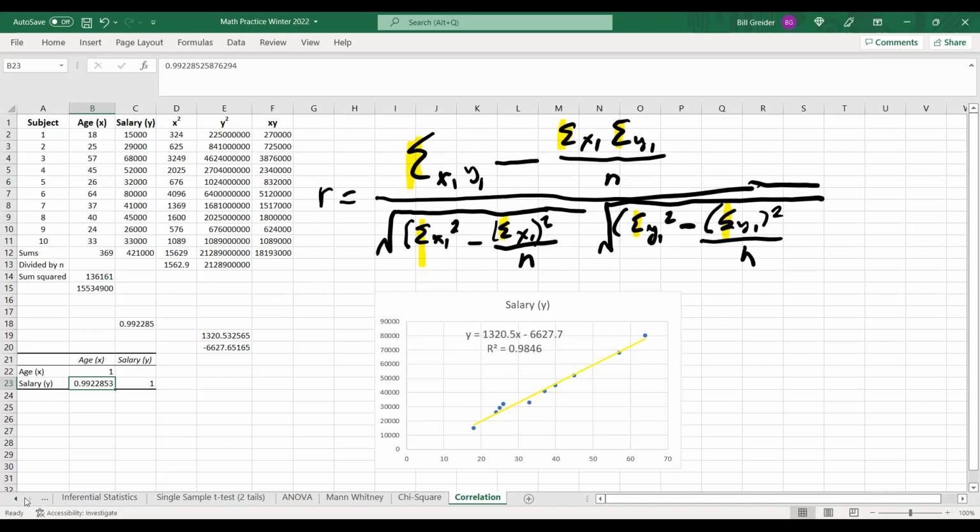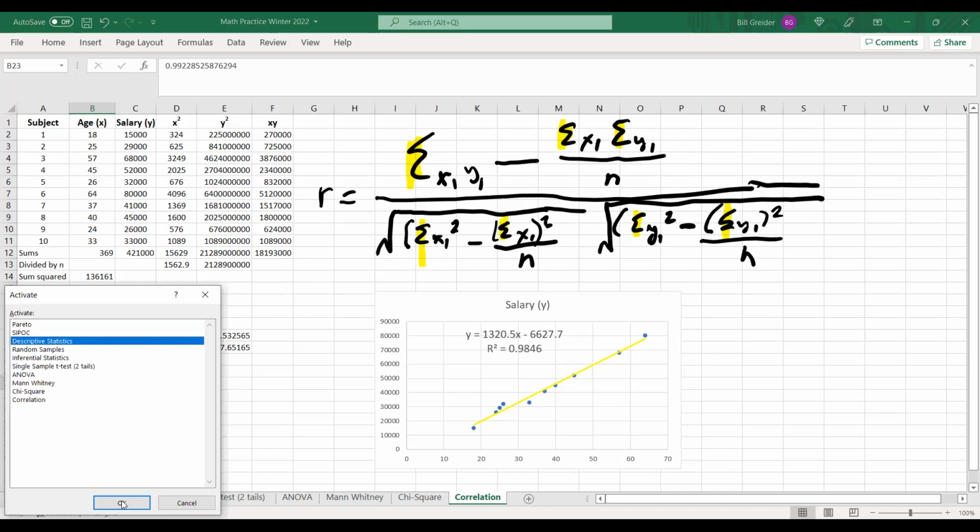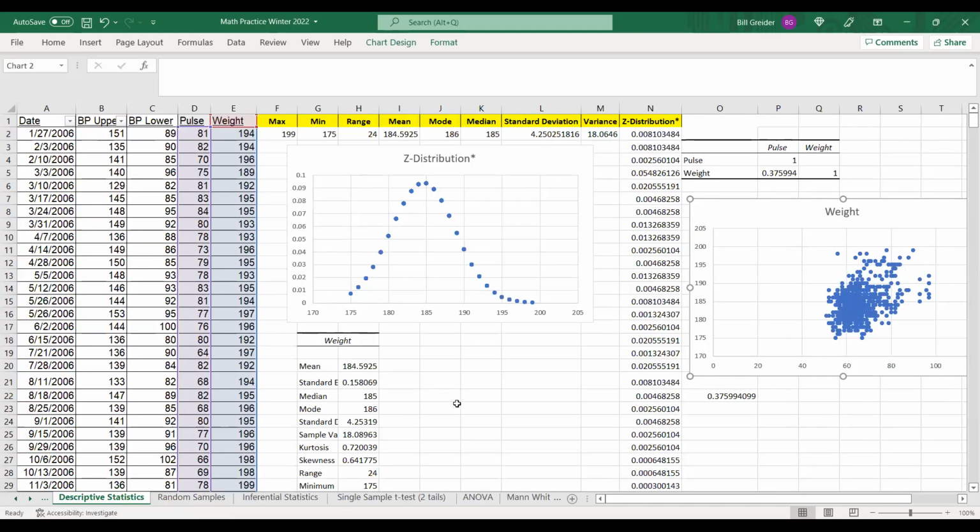So having said that, let's go back to descriptive statistics real quick. Based on what you see here, if I give you a weight, can you predict what my pulse is going to be? Not very accurately. Correct. So think about it as you get into the improve phase of a process. If I have a strong correlation, that means I can make that improvement, knowing that I'm going to get that result.